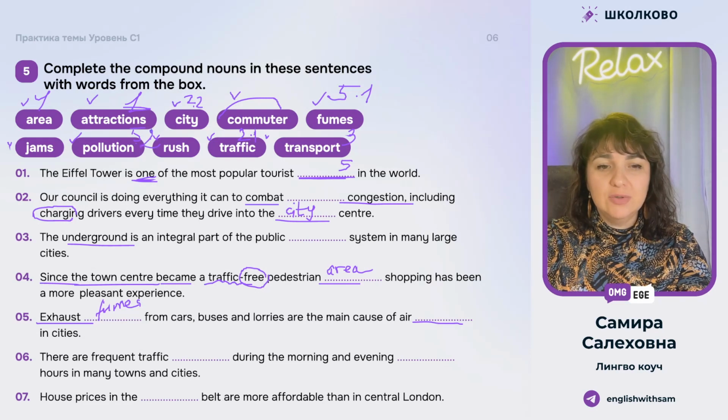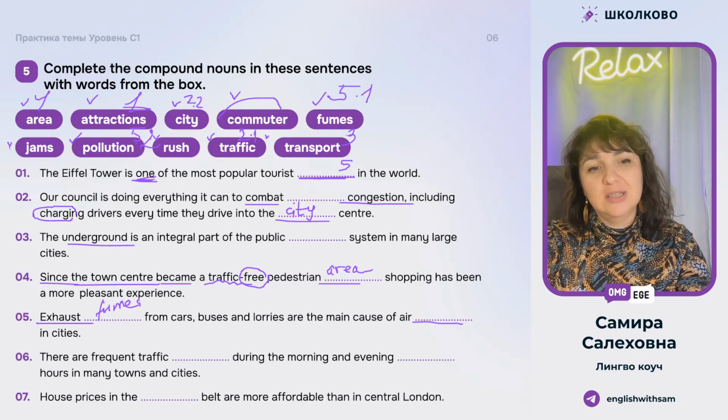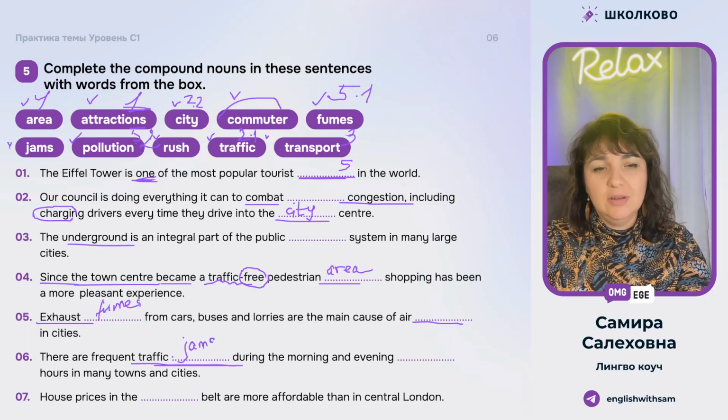There are frequent traffic during the morning and evening hours in many towns and cities. Traffic. Конечно же, jams. Да? Конечно же, jams. Так.